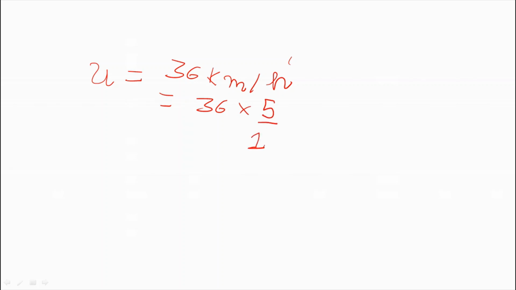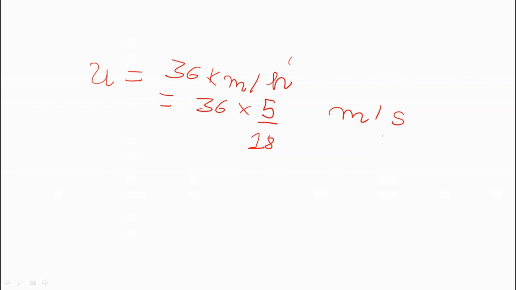First we can write the initial velocity. Initial velocity is 36 kilometer per hour, which is equal to 36 into 5 by 18 meter per second.